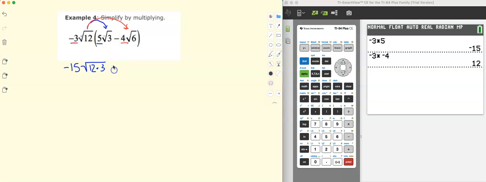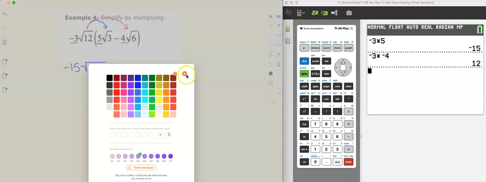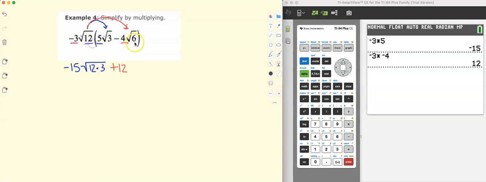So I'm going to put plus 12, and then I multiply the numbers from the inside of the radical to the number inside the radical. So I'm just going to write the square root of 12 times 6. And the reason I didn't multiply them out is because I'm probably going to have to break them down anyway.